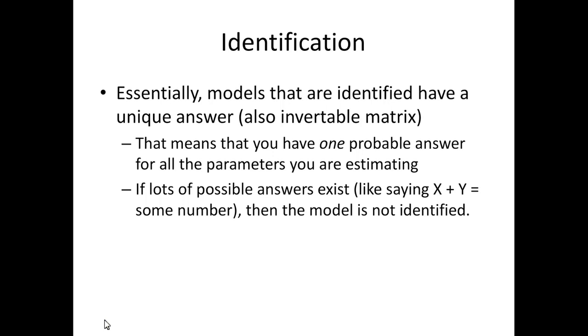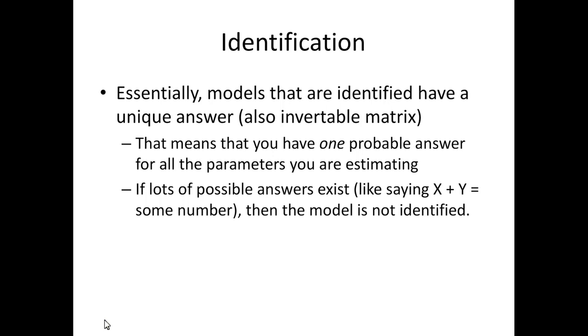A closed-form solution is when there's one and only one answer. With SEM, what we're actually looking for is one probable answer. It doesn't mean that it's the right answer, but it means that it's the most likely answer. So we're going to use estimation, which is the math, to find that likely answer.